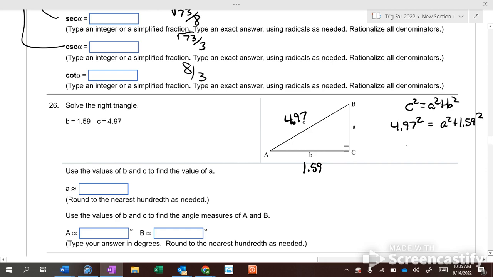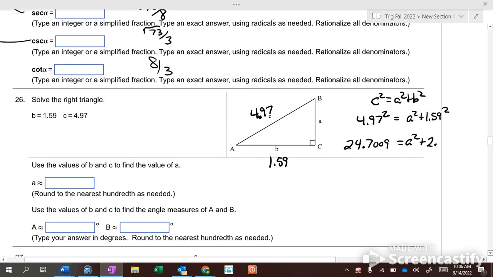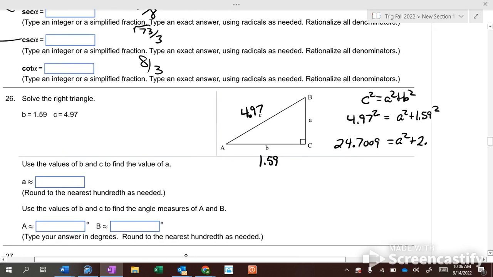4.97 squared is 24 point what? Give me about 4 decimal places. 24.7009 equals a squared plus 1.59 squared, which is 2.5281.